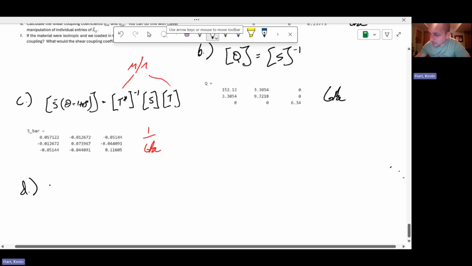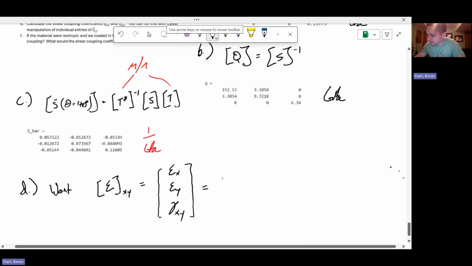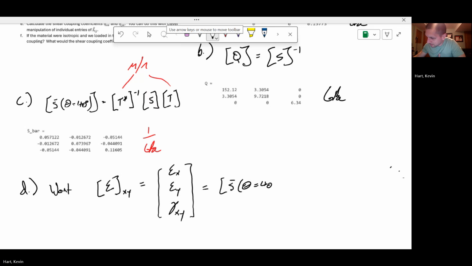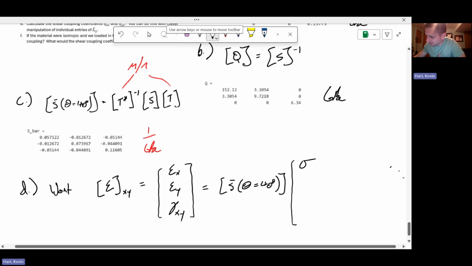So what we're looking for is the strain in the XY coordinate system, which here is going to be strain in X, strain in Y, and gamma XY. It's a 3x1 matrix. And this is calculated according to compliance matrix S bar off axis multiplied by the stress in the off axis coordinate system.